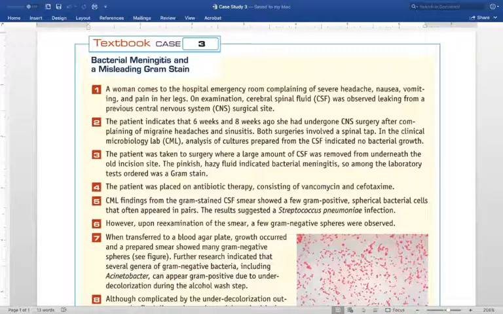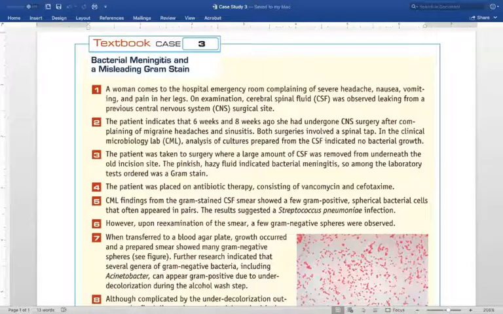Both surgeries involved a spinal tap. In the clinical microbiology lab, analysis of the cultures prepared from the CSF indicated no bacterial growth. Patient was taken to surgery where a large amount of CSF was removed from underneath the old incision site. The pinkish hazy fluid indicated bacterial meningitis.